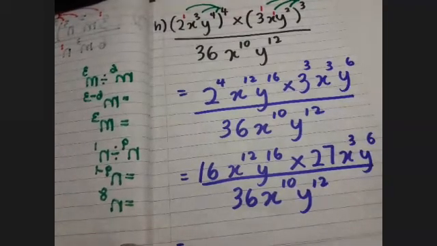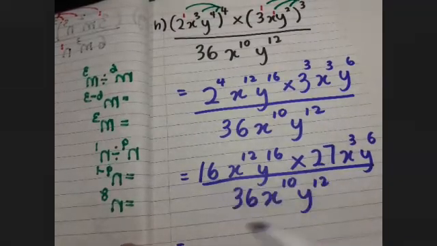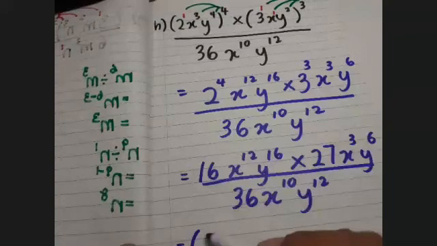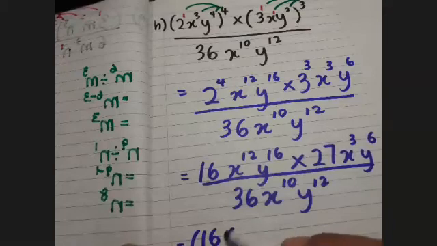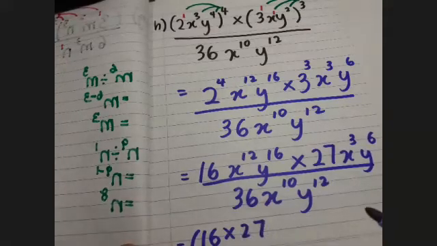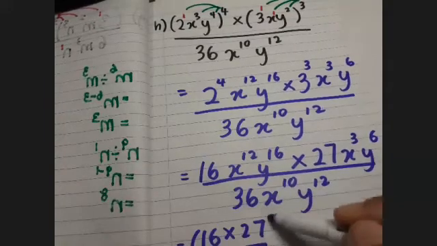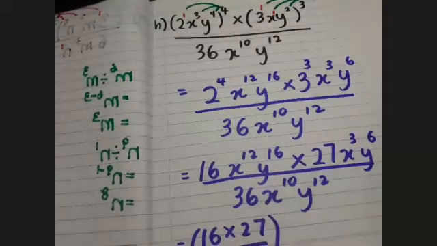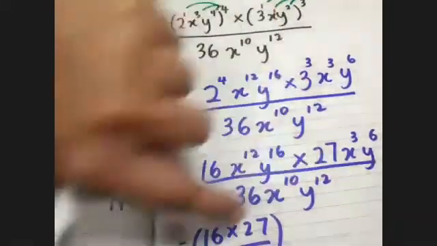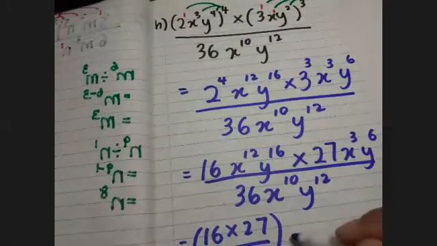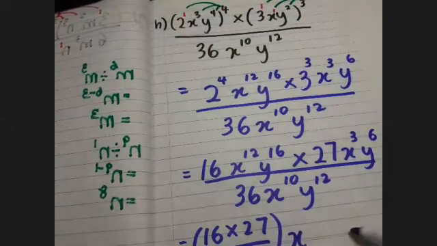Okay, now we write the coefficient first. 16 multiply 27 over 36. And x, because we have x and y.